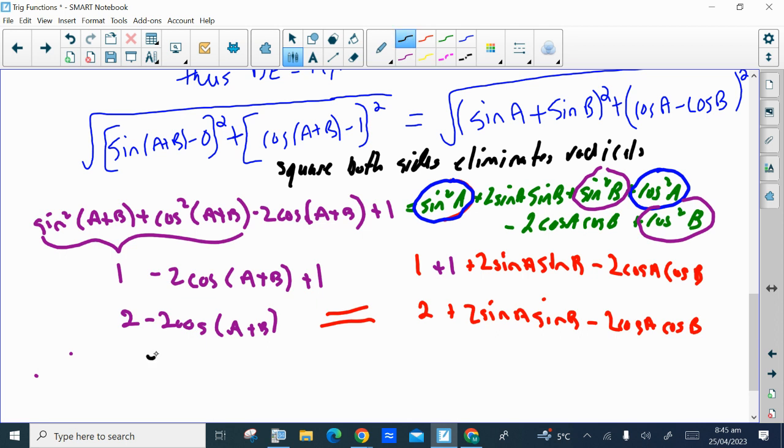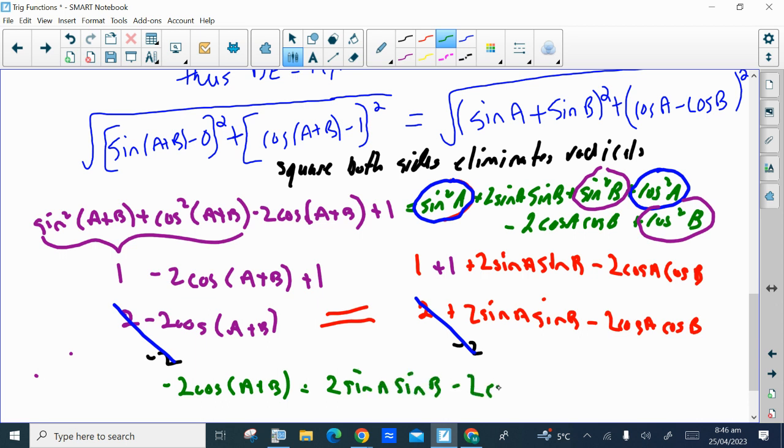For example, I can subtract 2 from both sides, and those terms of 2 are gone. 2 minus 2 cancels, 2 minus 2 cancels. So we are left with negative 2 cos A plus B equaling 2 sine A sine B minus 2 cos A cos B.